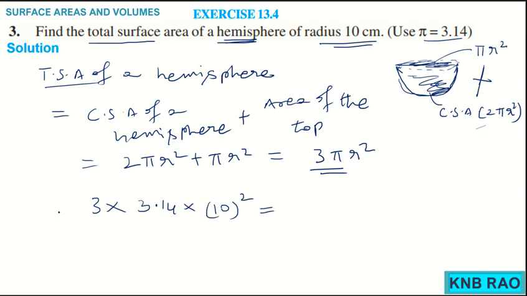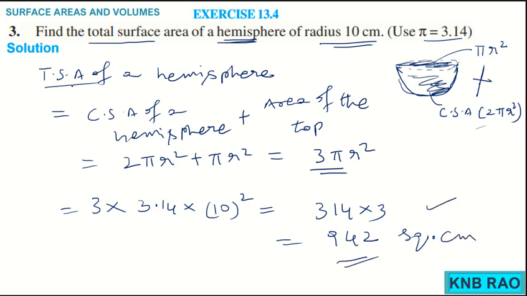That means children, here 10 square is 100, 100 into 3.14 is 314, thrice it is 942. So, 942 square centimeter will be the total surface area of a hemisphere. Okay, this is how we solve this question. Now, we will move on to the question number 4.